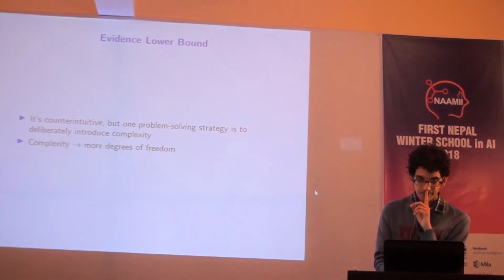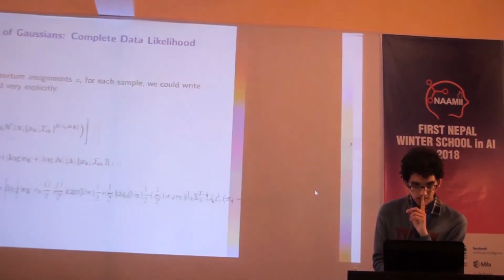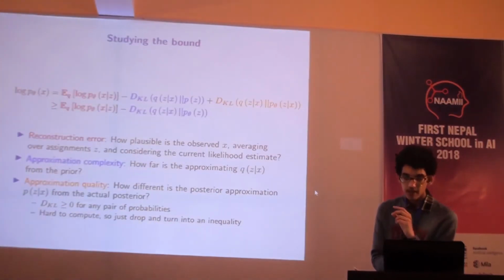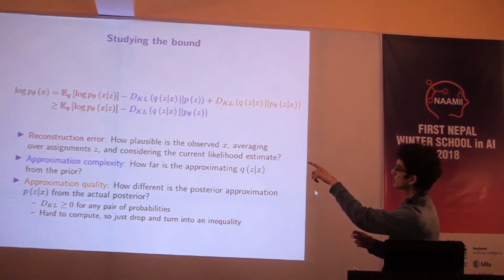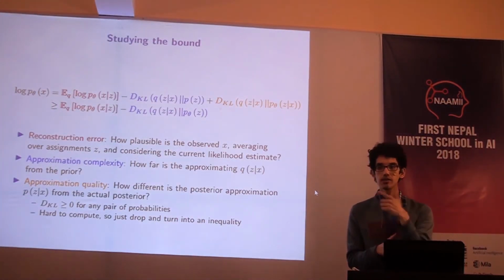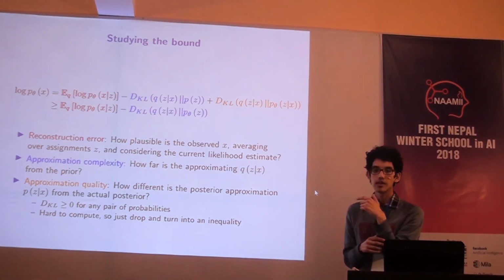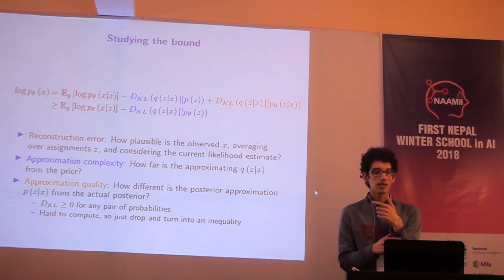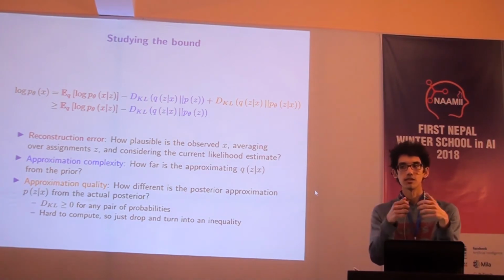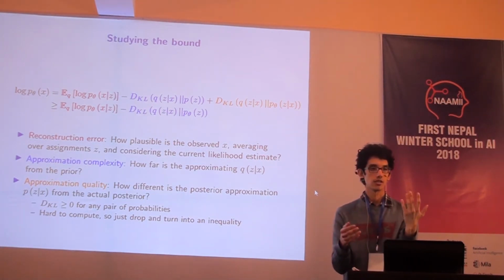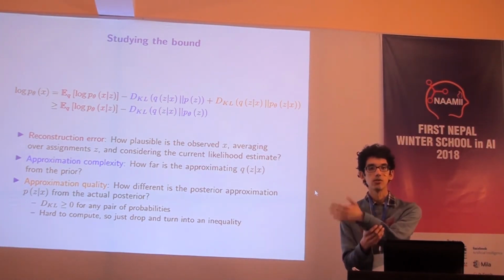The second term, the KL divergence between Q and P of Z, right? The interpretation here is my guide function, this is some arbitrary distribution over Z. I had a prior for what I thought Z is probably like.